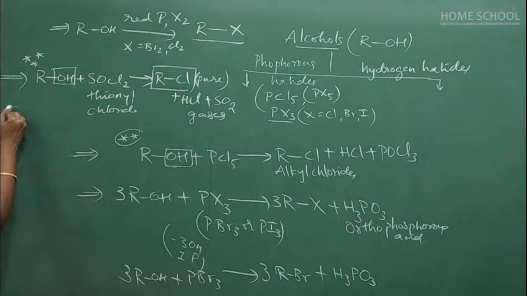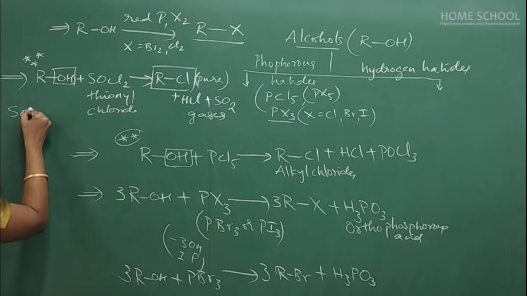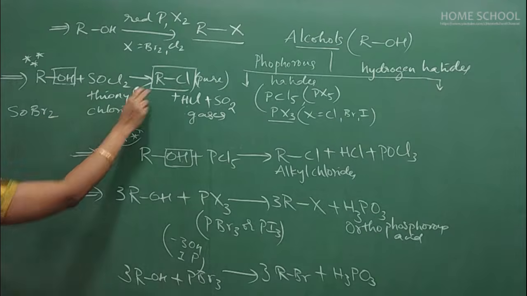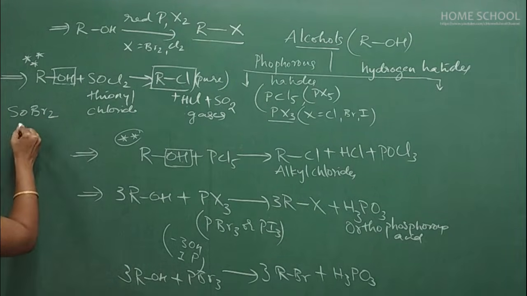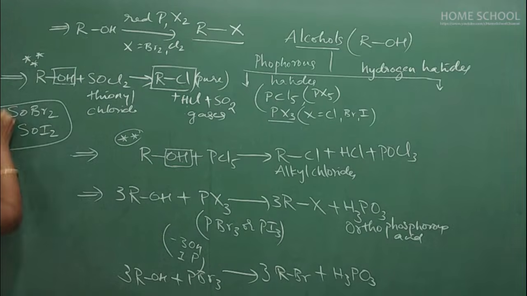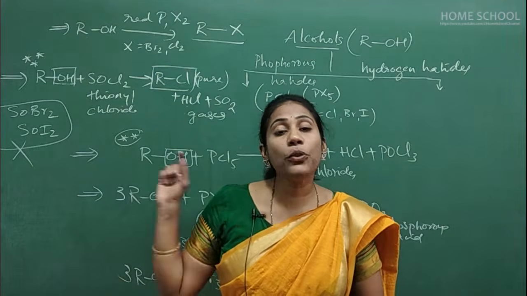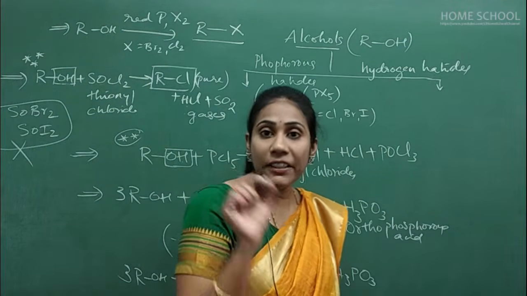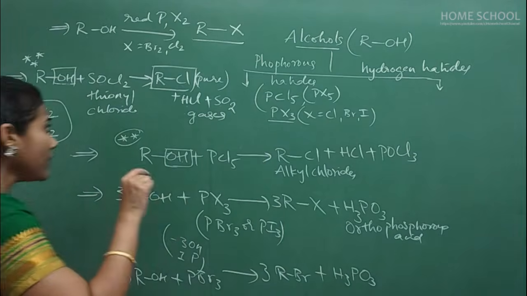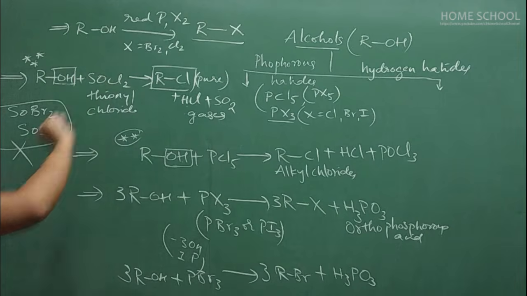Why? Because if you want to prepare alkyl bromide, you should use SOBr2. If you want to prepare alkyl iodide, you should use SOI2, isn't it? So these things are very very unstable. They do not exist in nature. That is why you cannot prepare iodides and bromides, whereas you can only prepare alkyl chlorides.